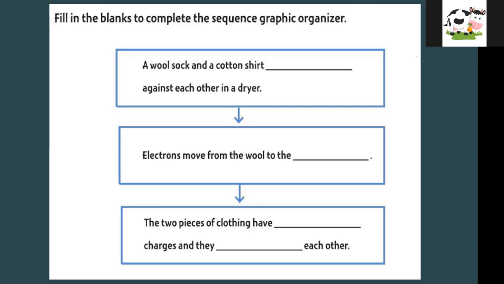Is it unlike or like charges? If they rub together, would they end up having like charges? No, different charges. Unlike charges, good. And then once they have the unlike charges, what happens to both of them? They attract each other. Very good.